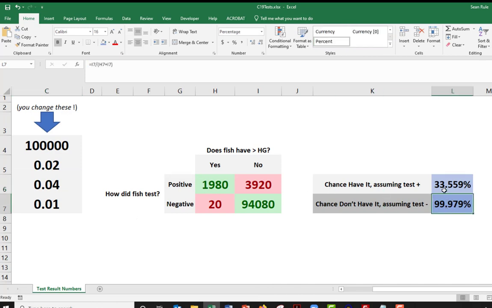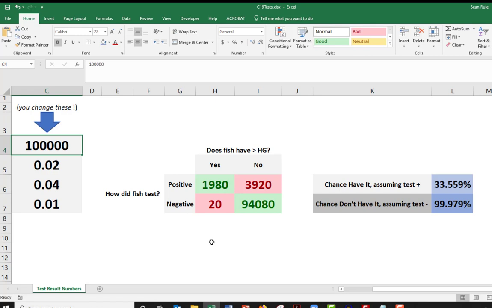The problem is the chance of a fish actually having the disease, assuming it tests positive, drops significantly. And that's because the two numbers are related. They're not inverse. I know that as one went down, one went up in this particular case. But all of these numbers are based on these three parameters over here: the incidence rate, the false positive, and the false negative rate.